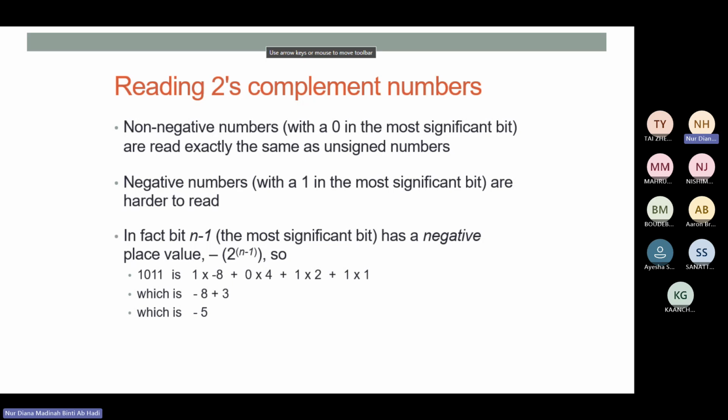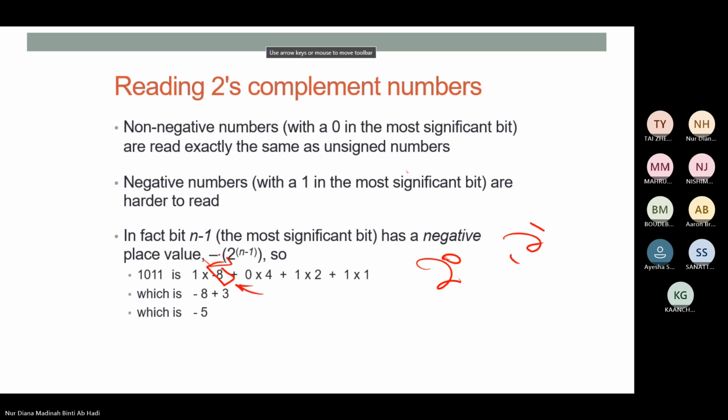Okay, so reading two's complement numbers: non-negative numbers with a 0 in the most significant bit are exactly the same as unsigned numbers. Negative numbers with a 1 in the most significant bit are harder to read. This is the same thing where you use the value of 2 to the power of 0, 2 to the power of 1, but this one is already converted with the sign.